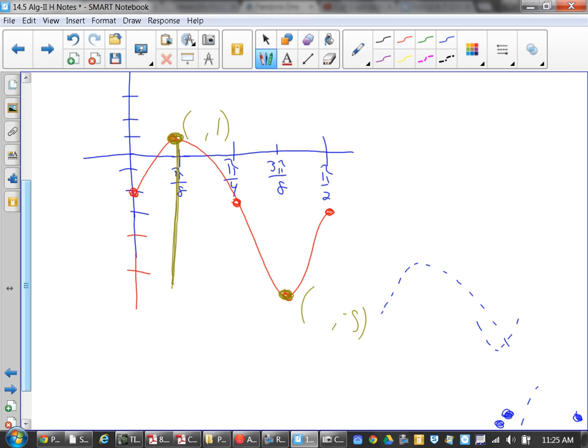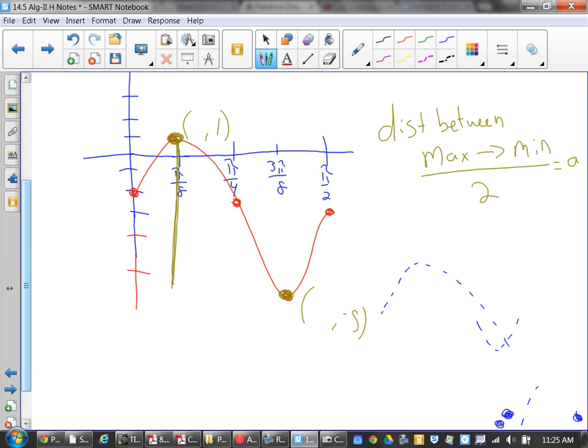Right. So the distance between your max and min over 2 is A.